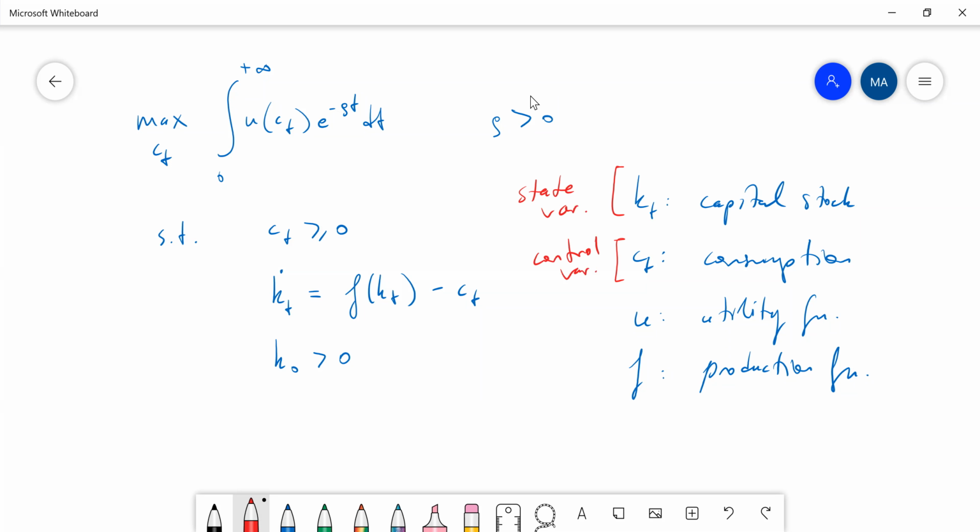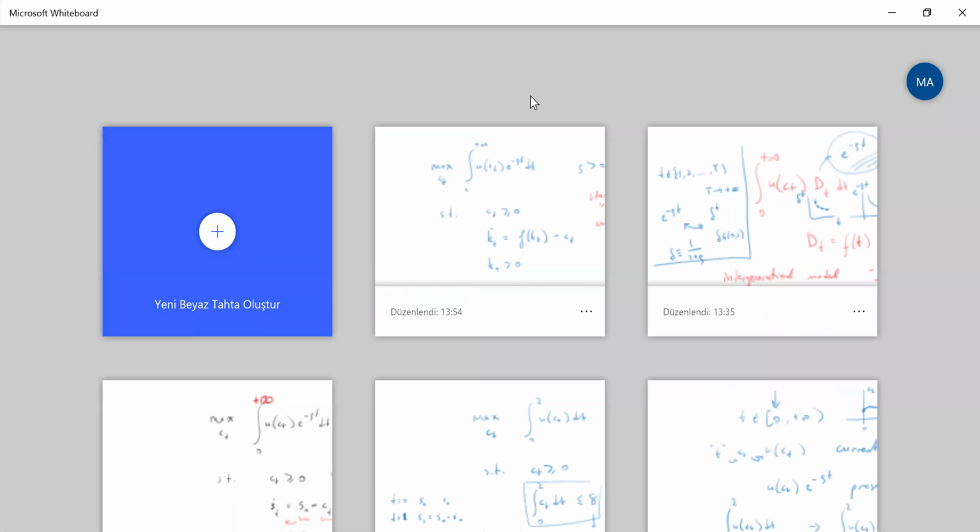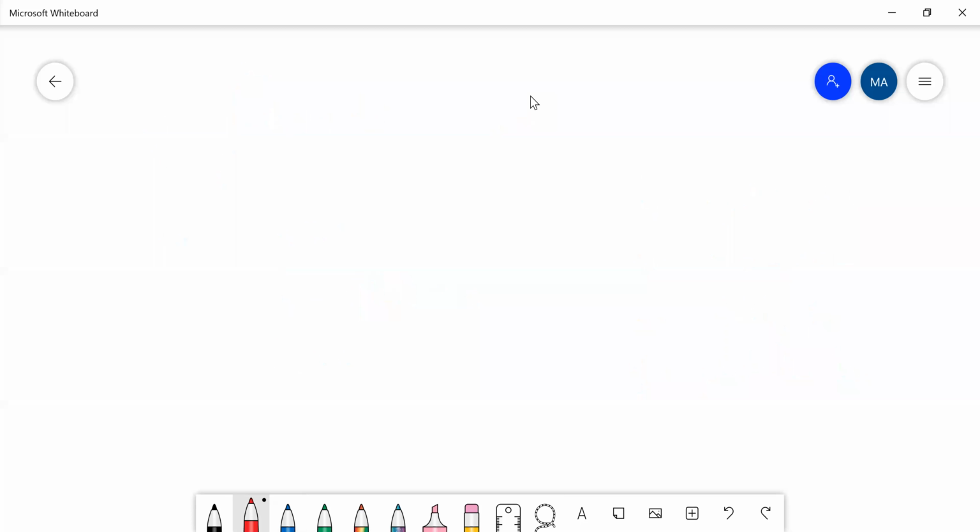Now this is just another simple example. You may also imagine a person still obtaining utility from consumption and still discounting the future at a discount rate of rho, and maximizing this with this control variable.